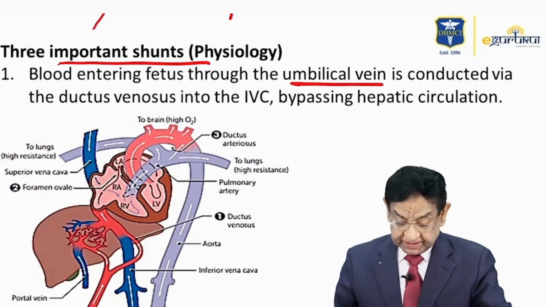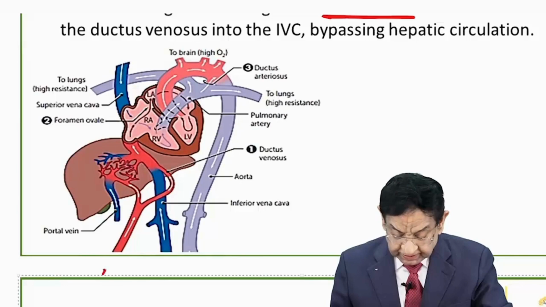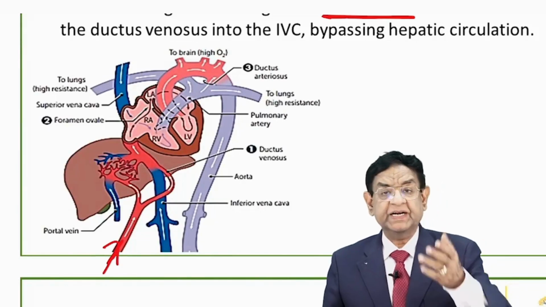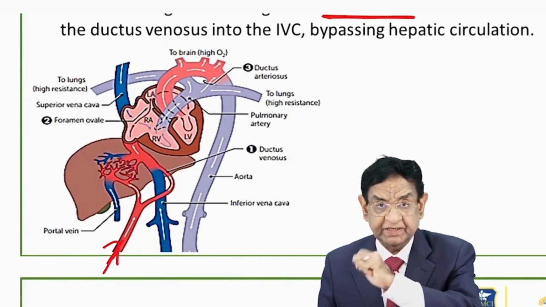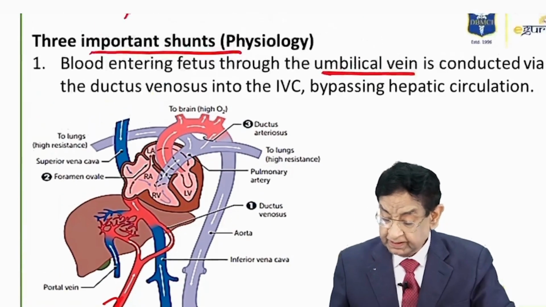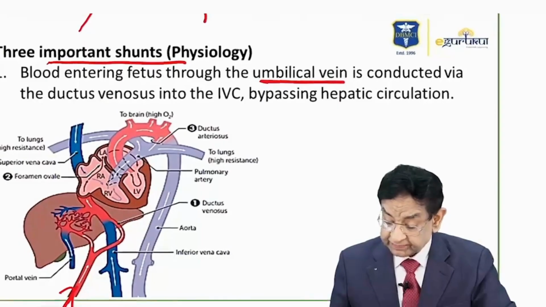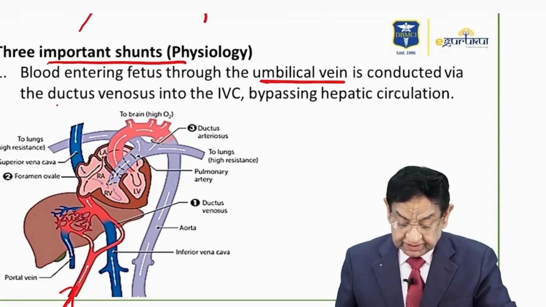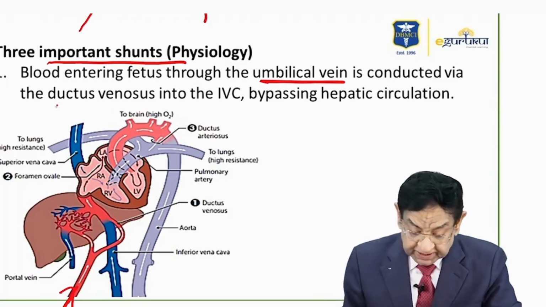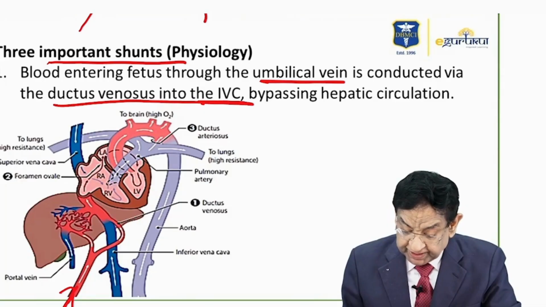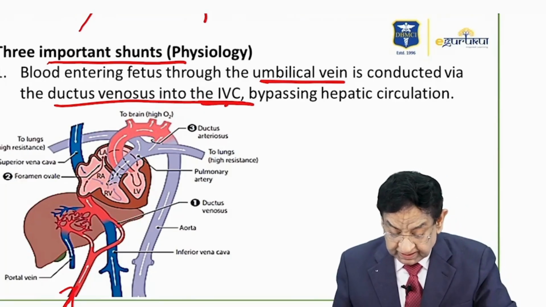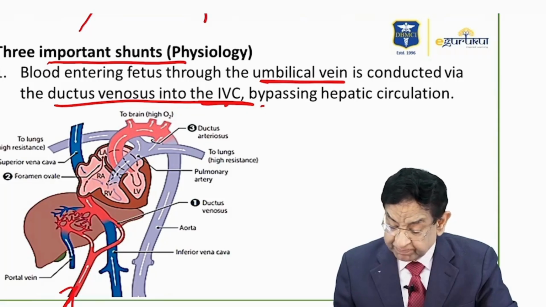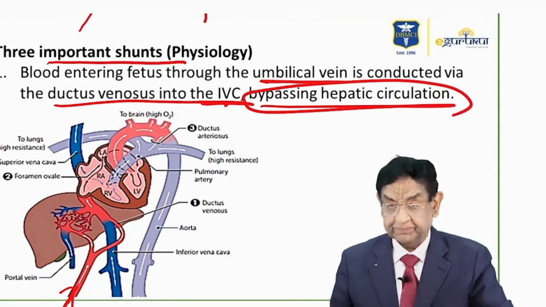Yes, we studied that blood is coming via the umbilical vein, which is carrying oxygenated blood. Instead of going into the liver, via the ductus venosus it goes into the inferior vena cava, so it bypasses the hepatic circulation.